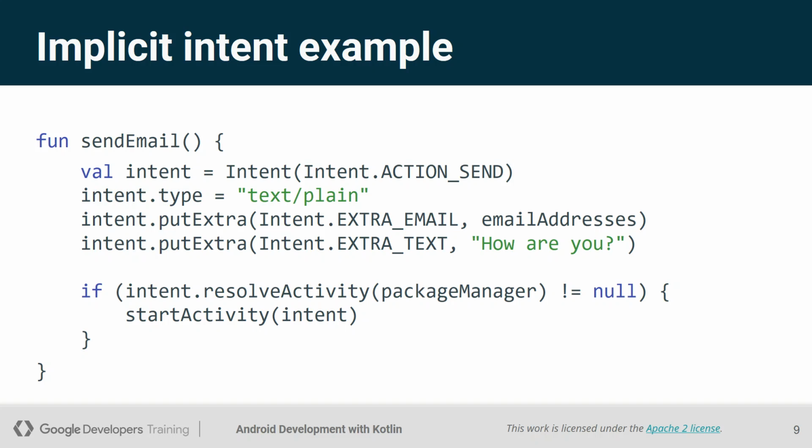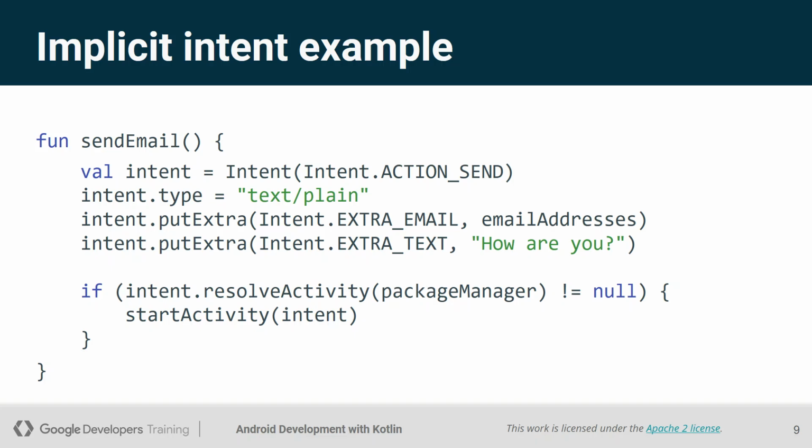For example, you have a function to send an email. For you to send the email, you have an intent action to send the email. So what type of text are you sending? Is it a text? Is it a document in terms of the attachment? So we are sending a text plain through the email without attachments.